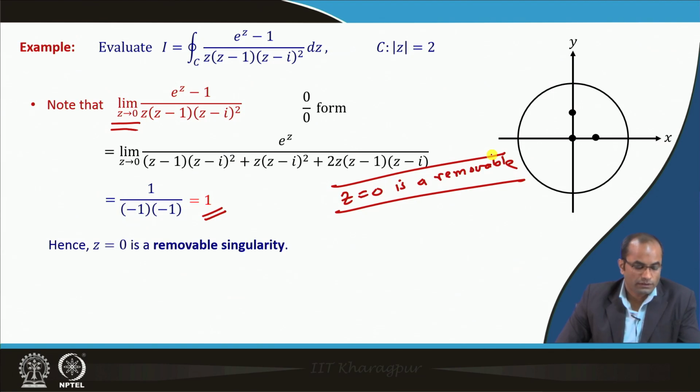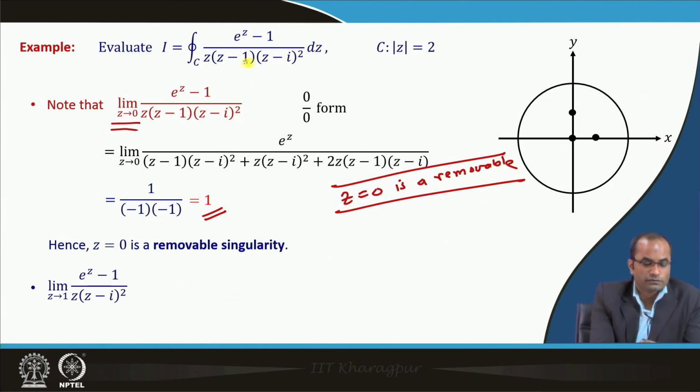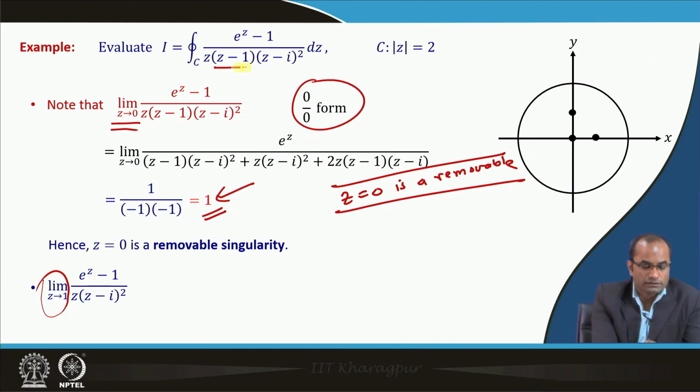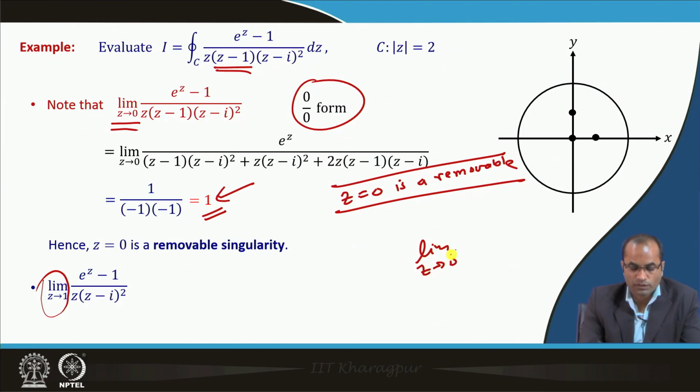Now, we will discuss the other one, z minus 1. Here the L'Hopital rule was applicable, and as a result we got the value 1, but this is not going to be the case when z approaches 1. So, what we are considering now is the limit as z approaches 1 of z minus 1 times f(z), the integrand.